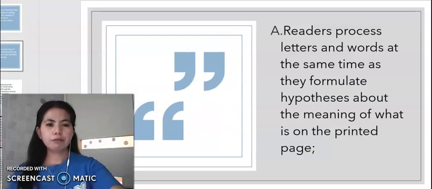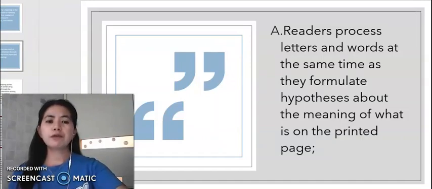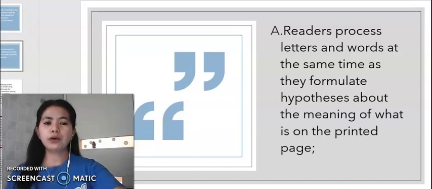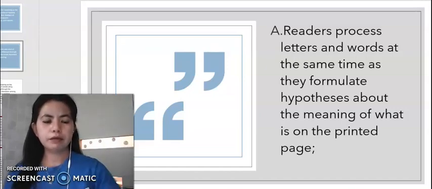In the interactive model, the readers process letters and words at the same time as they formulate hypotheses about the meaning of what is on the printed page.